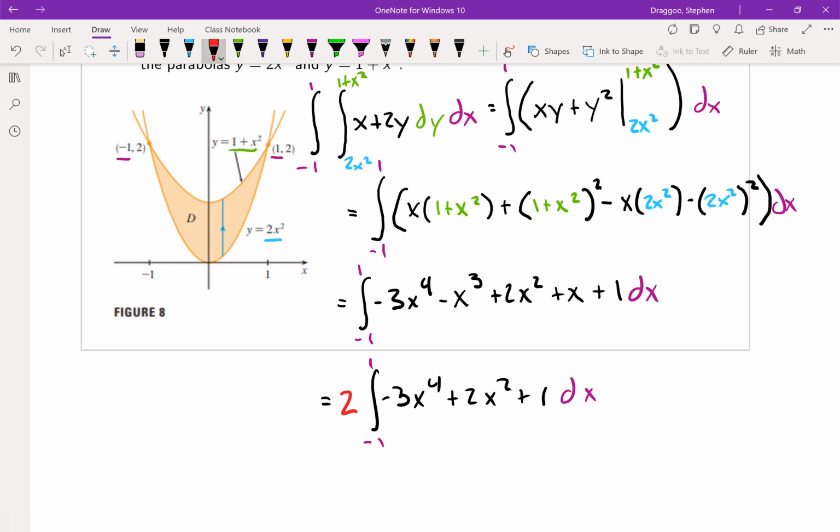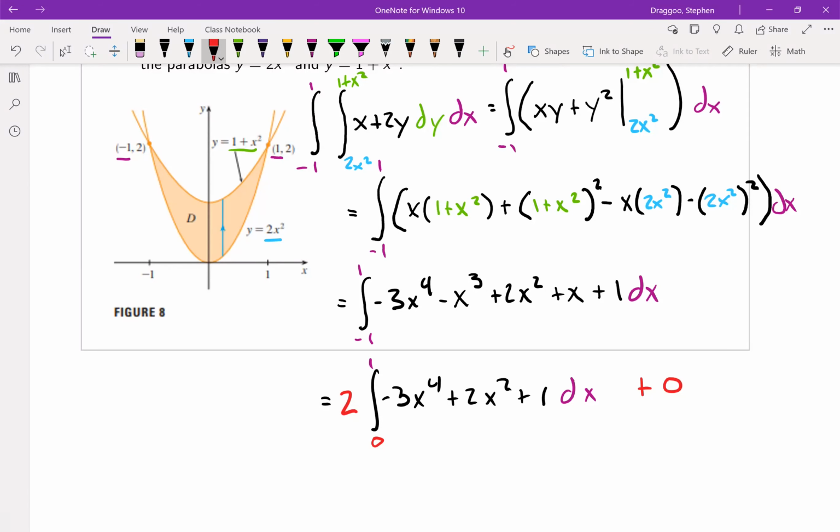And then plus 0 for all of our odd terms, since they would again integrate to 0 if I integrate from -1 to 1. Oh, and we're not doing -1 to 1 anymore, are we? We're doing 0 to 1, since we're doing the even terms.